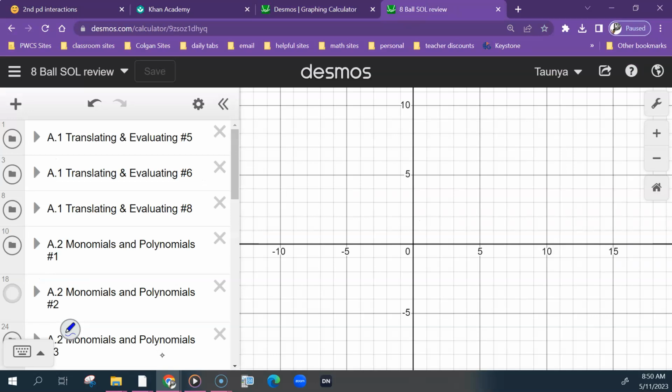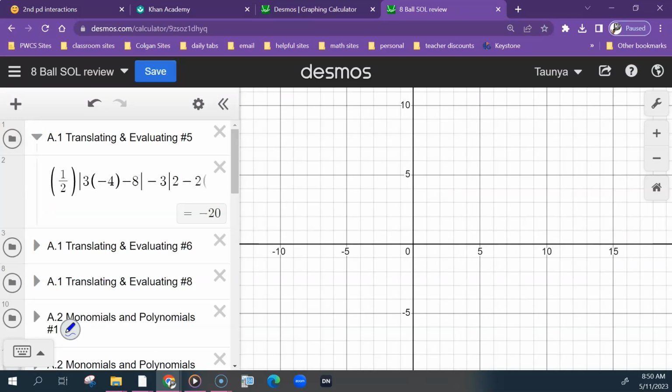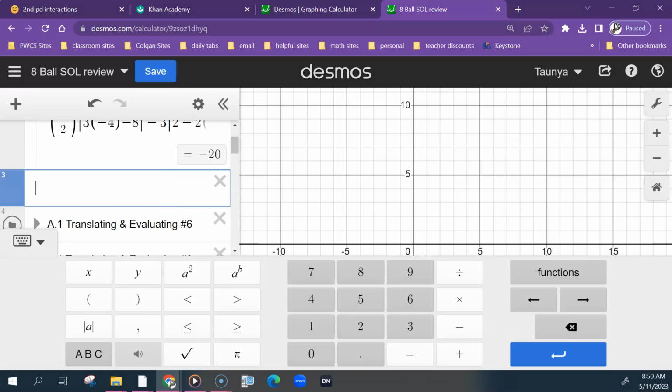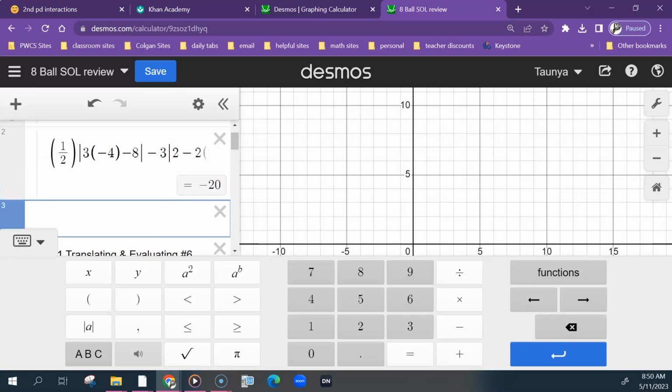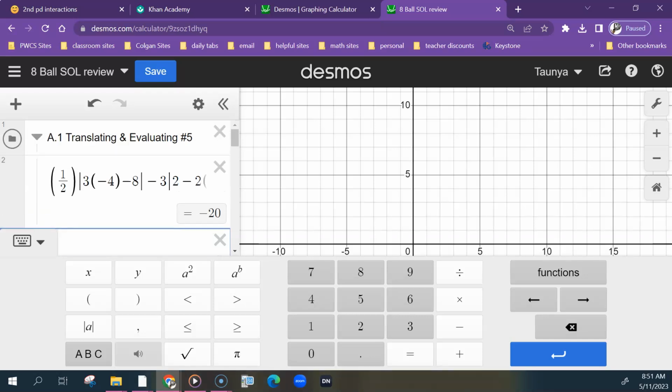Alright, for number 5. And I can add in another. So you could do this one of two ways. I typed each number in where the variables were, but you could also type in the original equation. So whether you're using this or using the button on your keyboard, shift the button under backspace, either or.